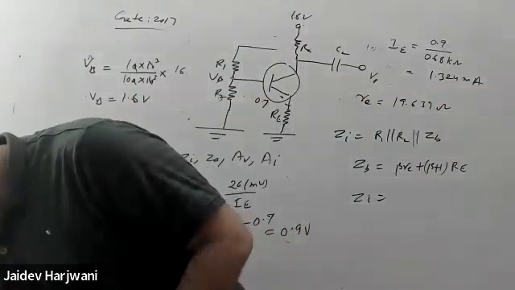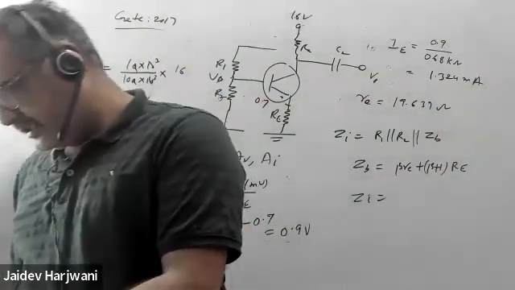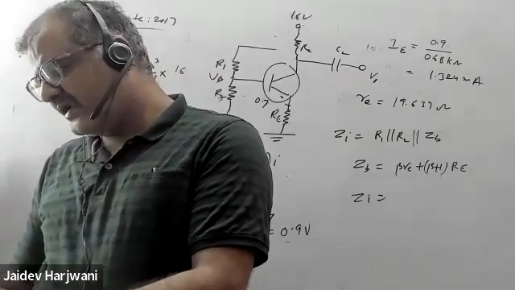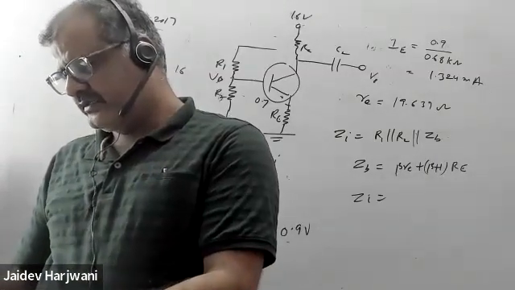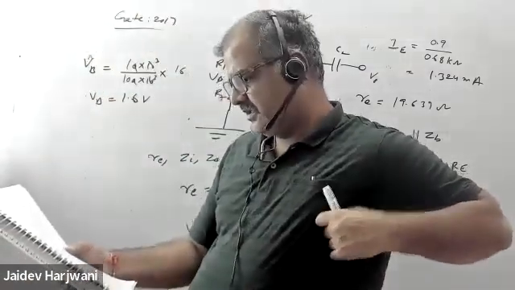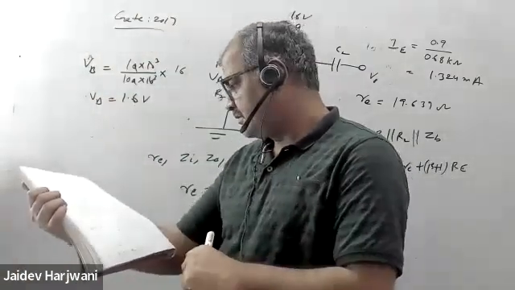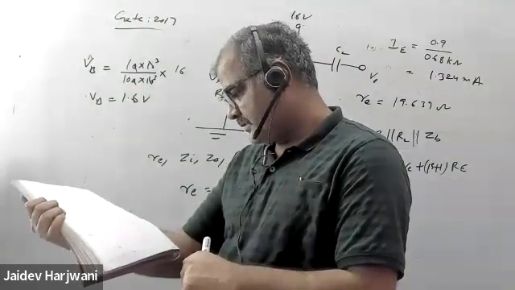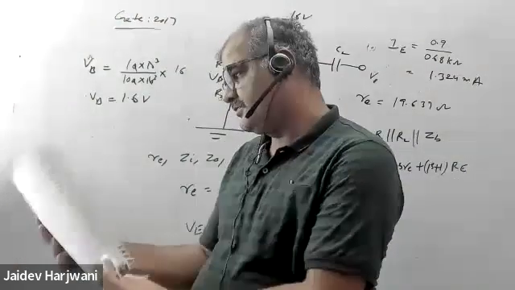बीटा क्या values, beta, beta question में दे रखा है. Beta value लिखा 99 something ना. Beta का value कितना है? Just RB 9 kilo ohm.